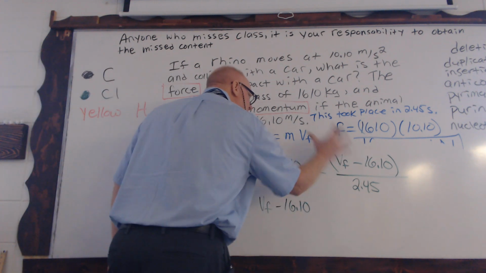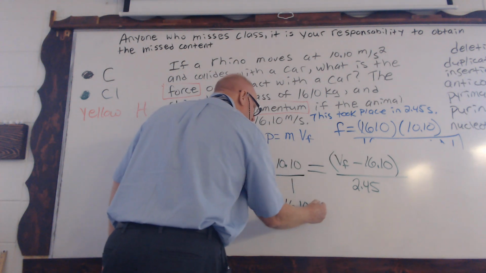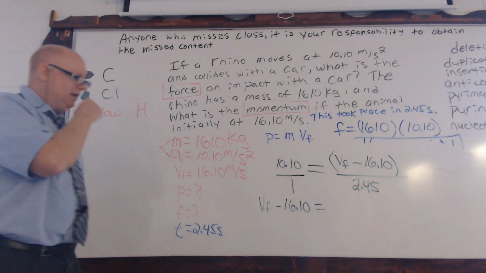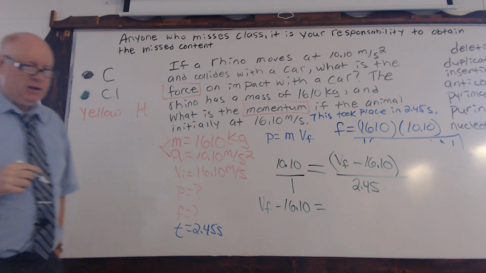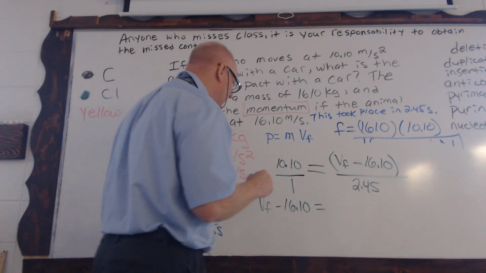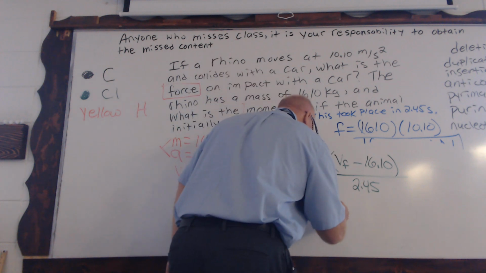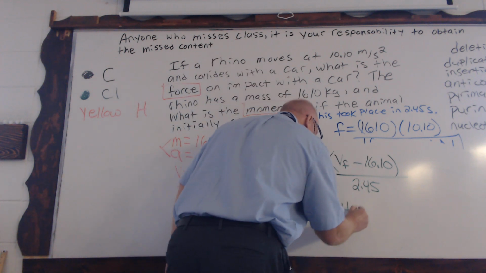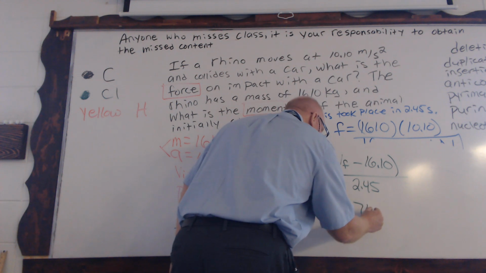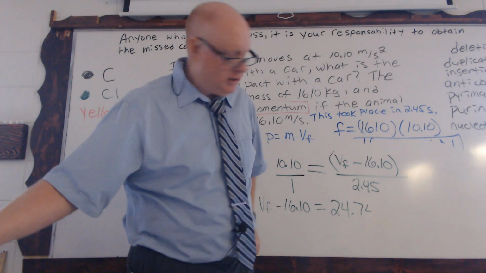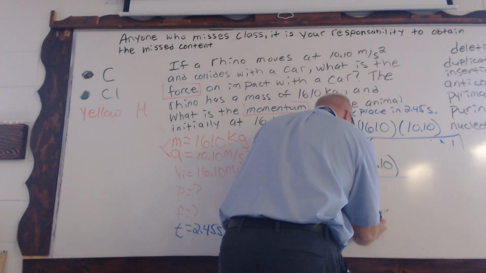So we've taken care of this. We've got our equal sign. Now what do we need to do? 10.16 times 2.45. Okay? And in that case, what do we get? 0.745, which would be 0.75 then, rounding up to 2 decimal places.